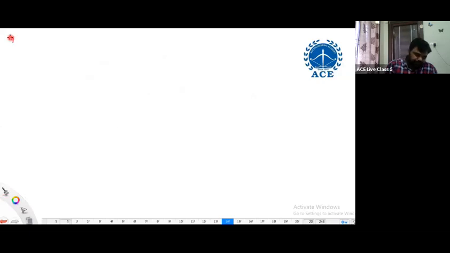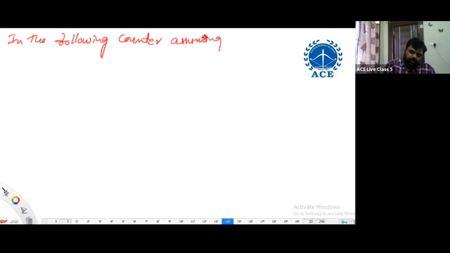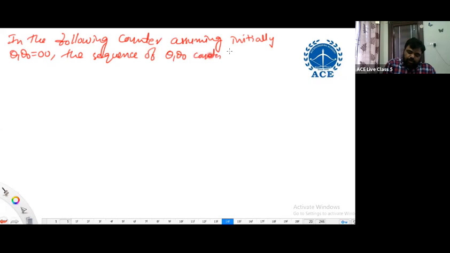The question is: in the following counter, assuming initially Q1, Q0 is 00, the sequence of Q1, Q0 the counter is going through is a dash.